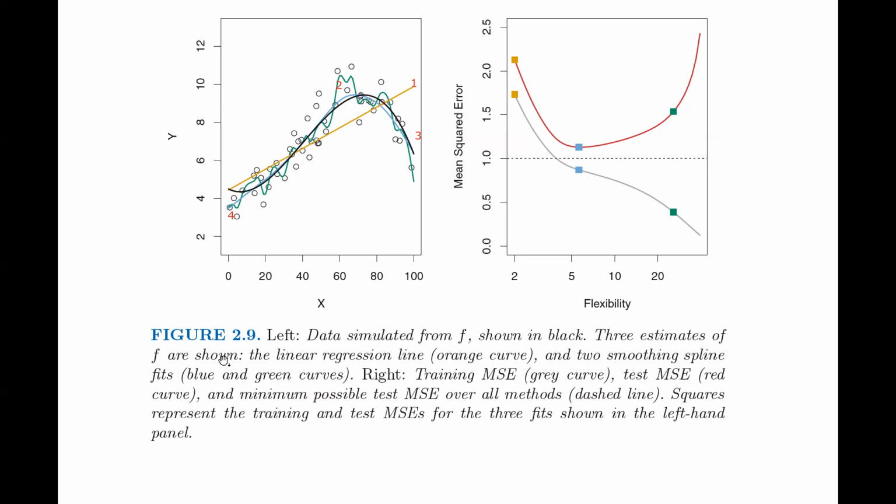Three estimates of f are shown. I'm going to refer to them as gold, blue, and green. The linear regression, actually, let's use their colors, orange, and 2 smoothing spline fits, blue and green curves. And this is the mean squared error.